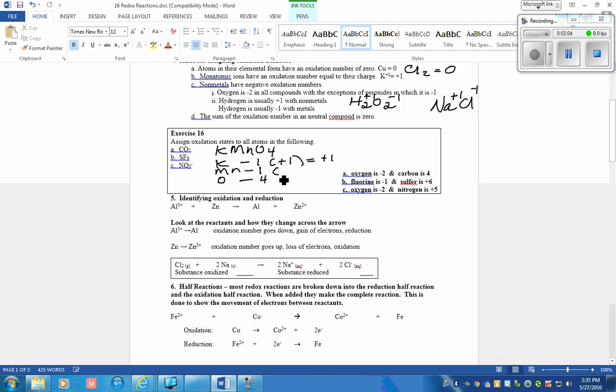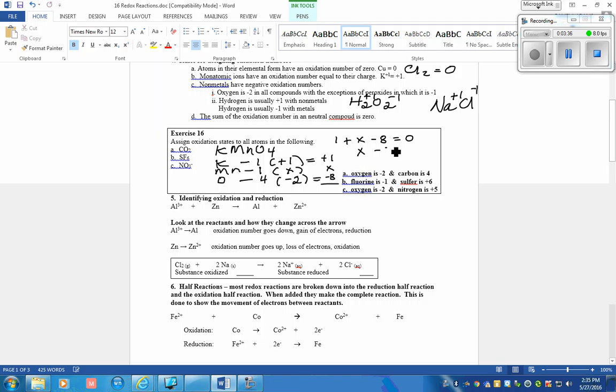The manganese is one of those tricky transition metals. We don't know its oxidation number, so we will assign it X. This is not a peroxide, so oxygen is -2. 4 times -2 is -8. When we add these together, since this is a neutral compound, we come up with a little algebra problem. 1 plus x minus 8 is equal to 0.